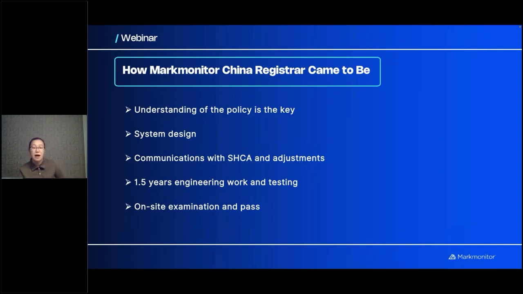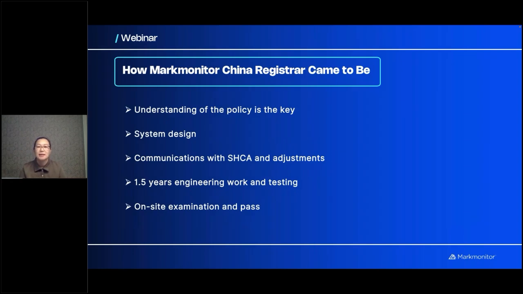So we took quite some time to align with the team to understand what exactly MIIT is asking the registrar to do to stay in compliance. And then we started the system design.